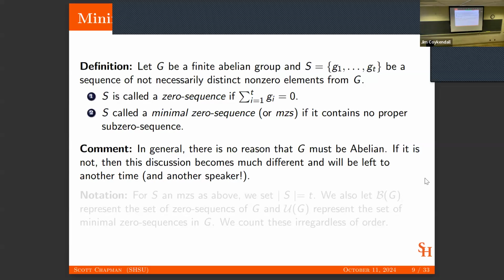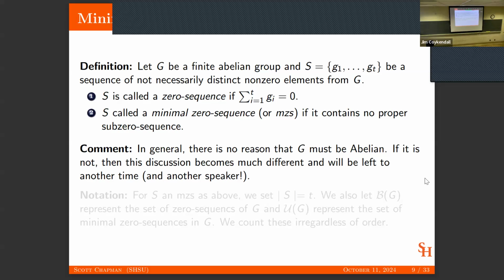Now, in general, if I've got any people in here that like to do things that aren't abelian, which I tend to not do, you can define these two things for non-abelian groups. What I'm about to do in the non-abelian case gets really complicated, and I'm not the one to talk to you about it.